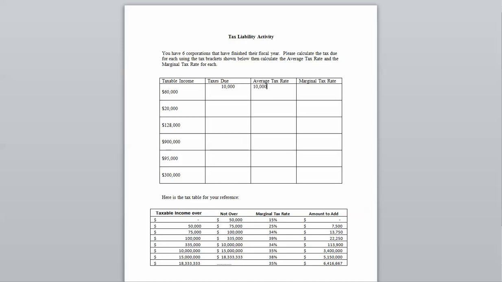So that's 10,000 in this case, divided by the taxable income, 60,000. The average tax rate is 16.67%. Okay. And the marginal tax rate, that's simply the 25% we use in our bracket below. So it's highlighted, 25%.